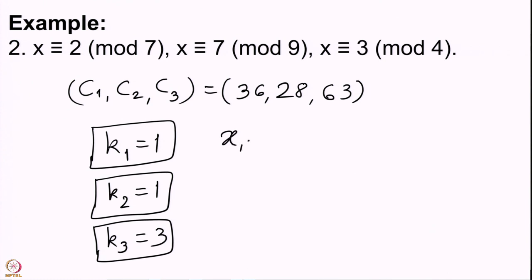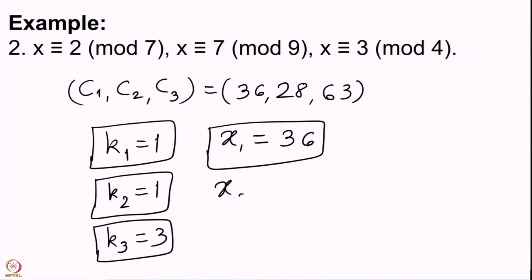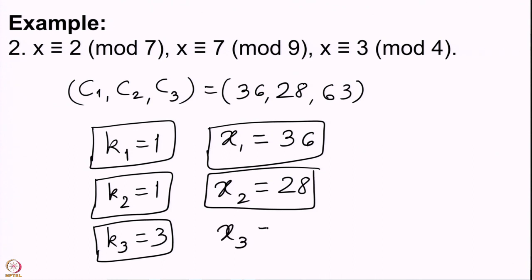So, x1 is 36 into 1, therefore, this is 36. x2 is 28 into 1, so that is simply 28, and x3 is going to be 63 into 3. So, I hope you have your multiplication tables with you, it gives you the number 189.